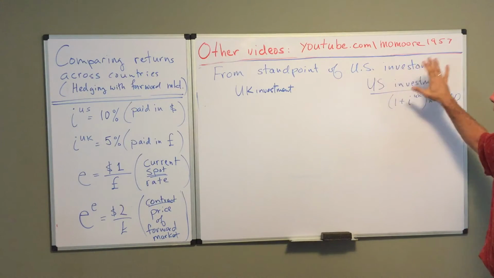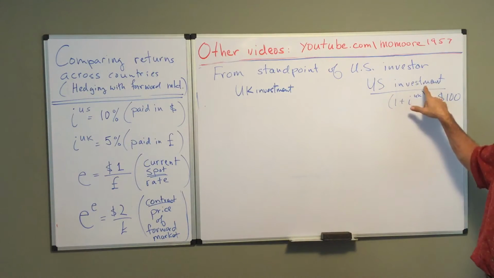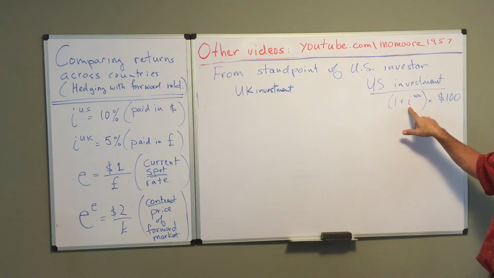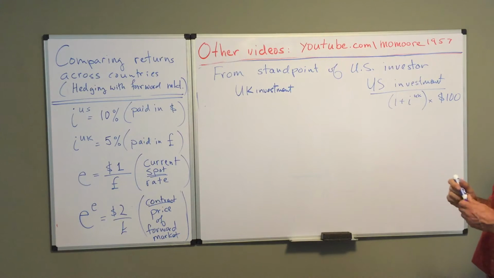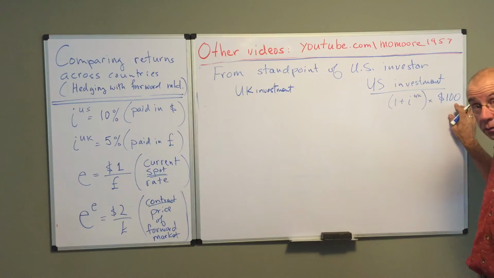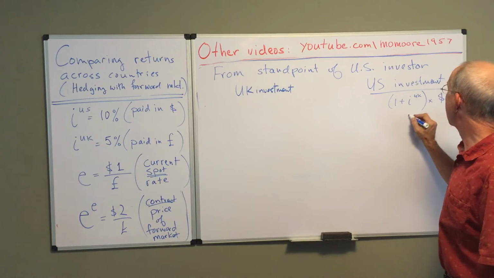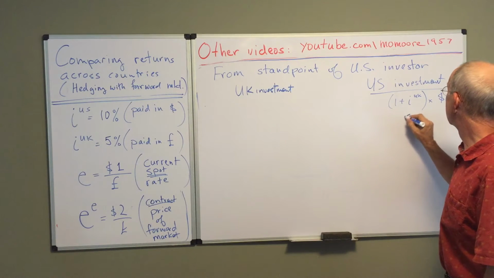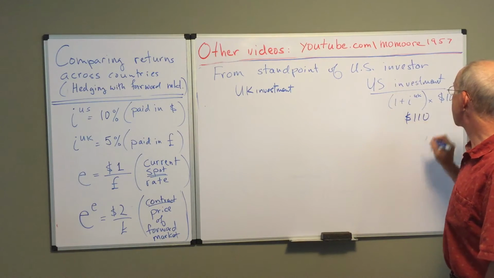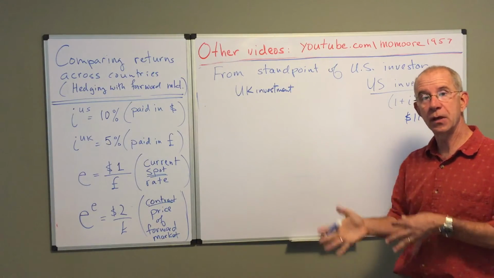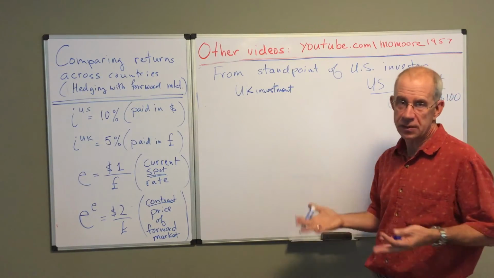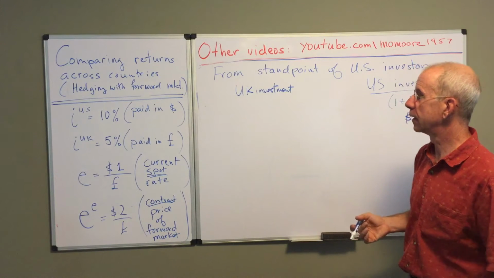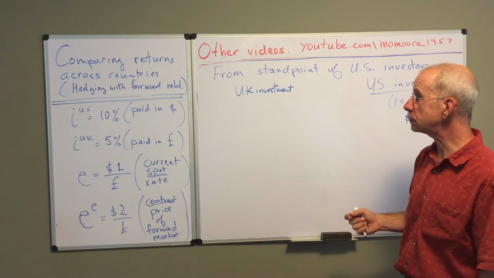So from the standpoint of a U.S. investor, the U.S. investment gets 1 plus the U.S. interest rate times a $100 investment, say, and as in the previous example, they could turn their $100 into $110 using simple interest over a year.